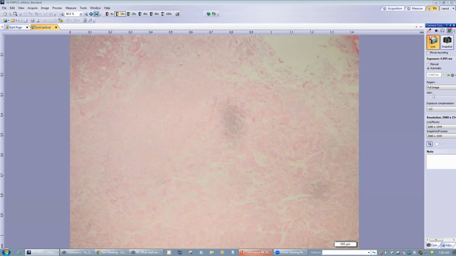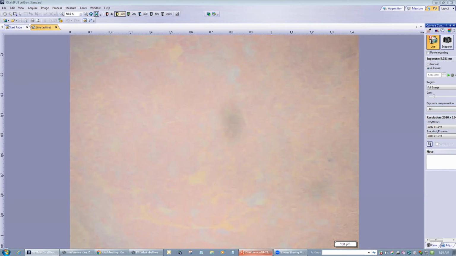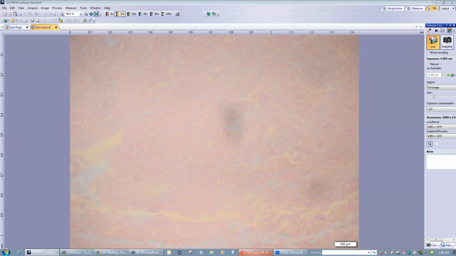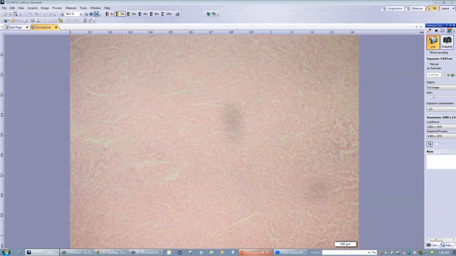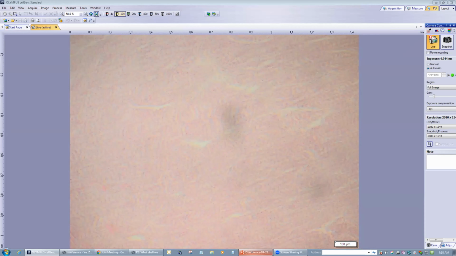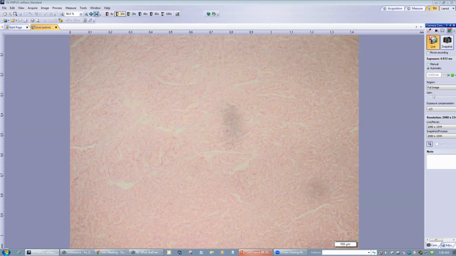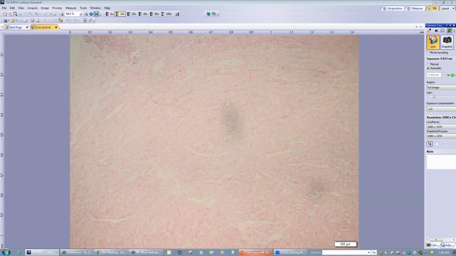At low power, you can see it looks a little bit papillary, like here, with the CT change. We find a better area, we can stop. Now we'll stop back here.